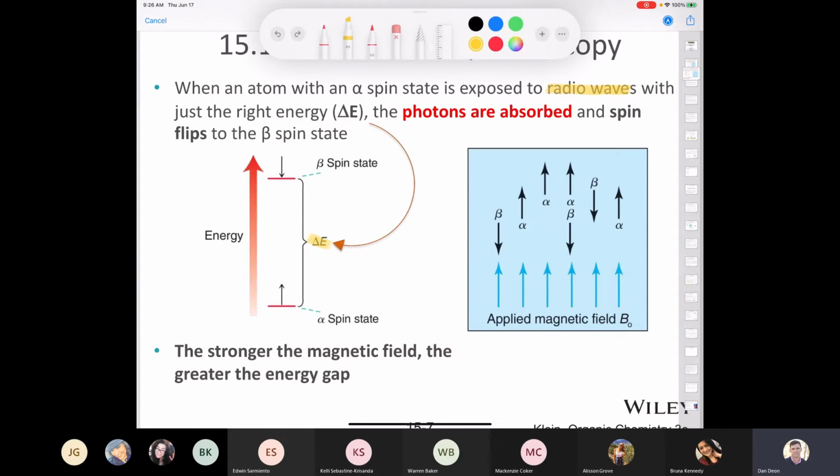So we could write that another way: the energy gap, E, is proportional to our magnetic field. So again, this energy gap is going to be dictated by the strength of our magnet, really. And I'll talk more about that as we move along here.